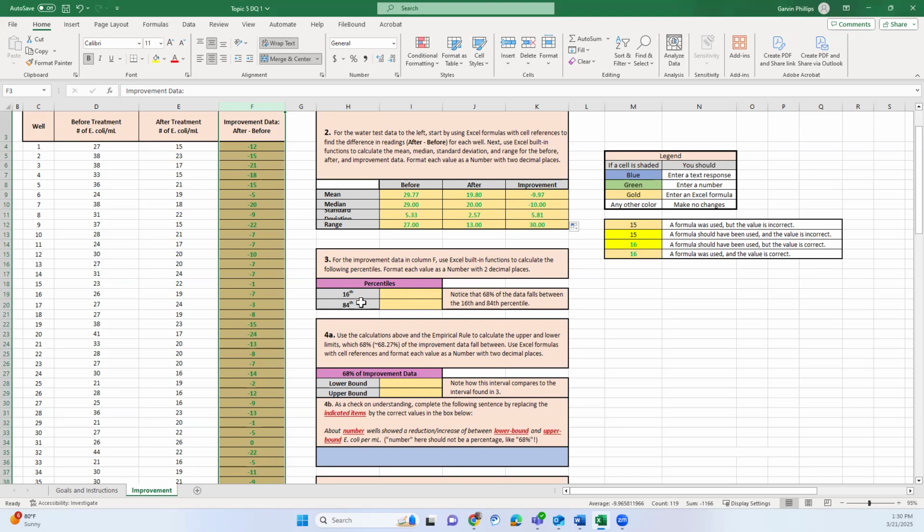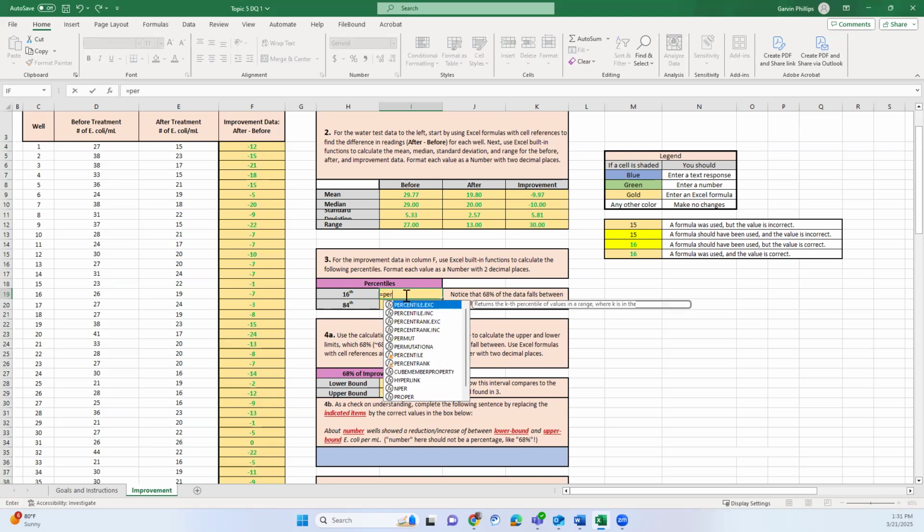Your values might be different here, right? Like mine is 16th and 84th. We don't often use the percentile function, but we're going to go ahead and do it. This would be equal percentile, and we're just going to use the flat percentile. Sure, yeah, flat percentile. That's what we'll do.